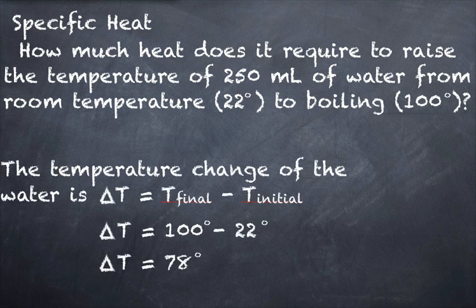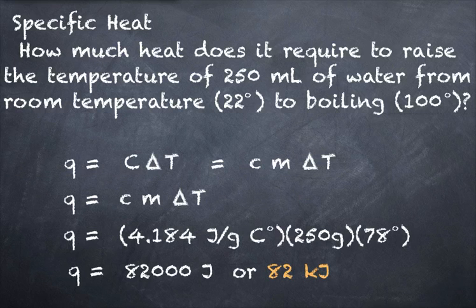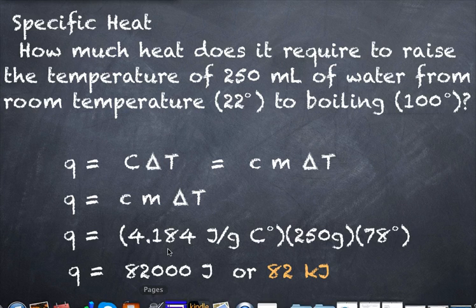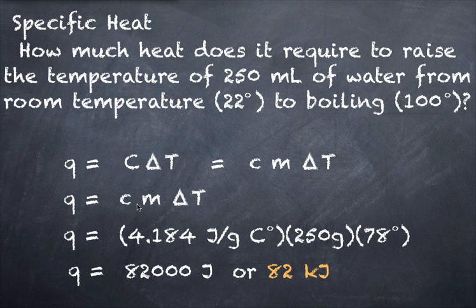So before I can do anything, I need to know what my change in temperature is. So 100, that's my final temperature, minus 22, gives you 78 degrees of difference. So putting all this together, we are going to use the formula Q equals c m delta T, and this is specific heat times the mass times the change in temperature.